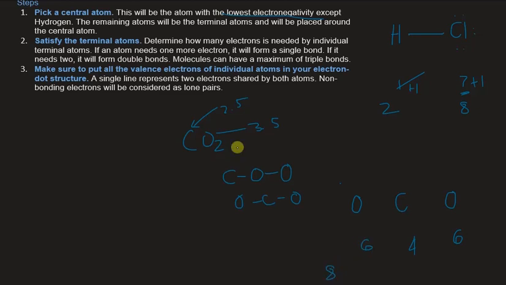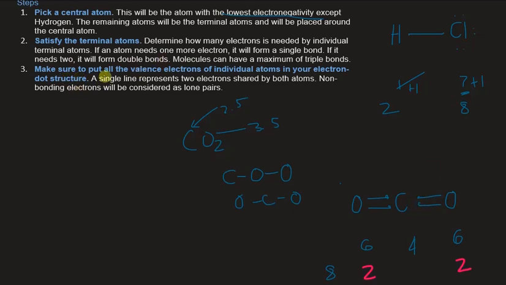For now, oxygen has 6, and therefore it needs 2 more valence electrons, and the other oxygen also needs 2 more. So in this case, they form double bonds. It means that they are reaching out, sharing 2 valence electrons with carbon. The same thing for the other oxygen, which will also share 2 more valence electrons.